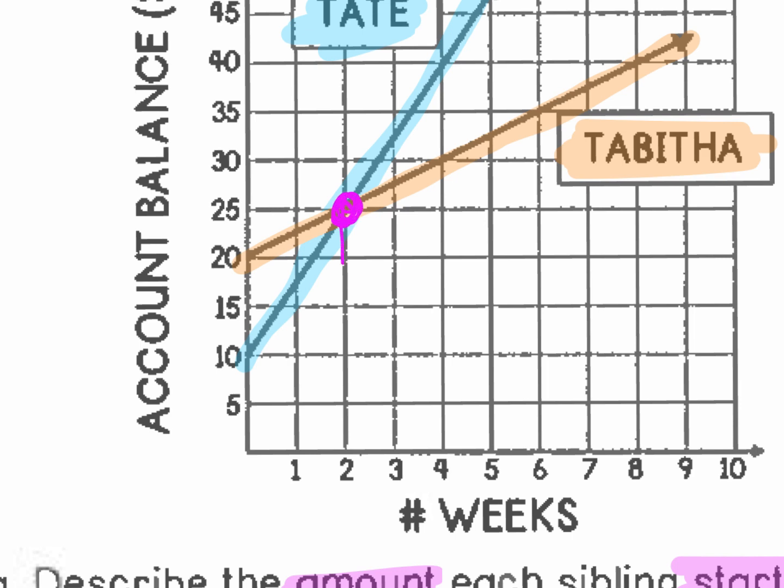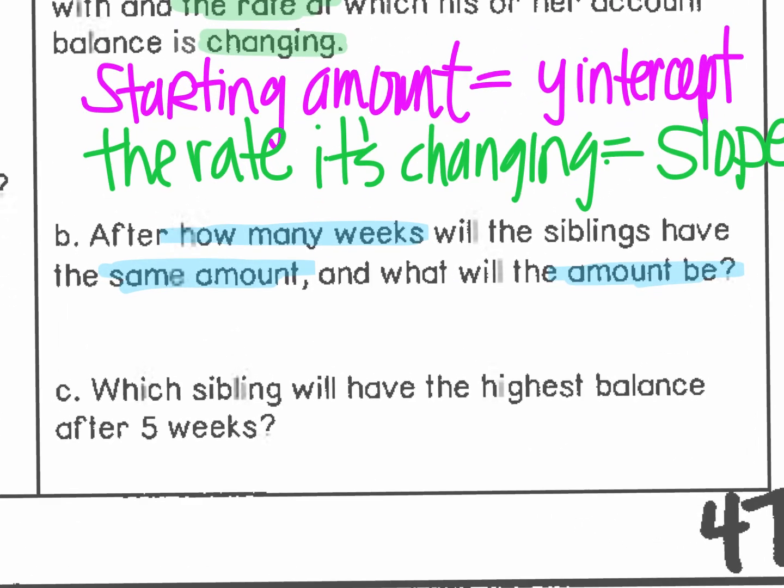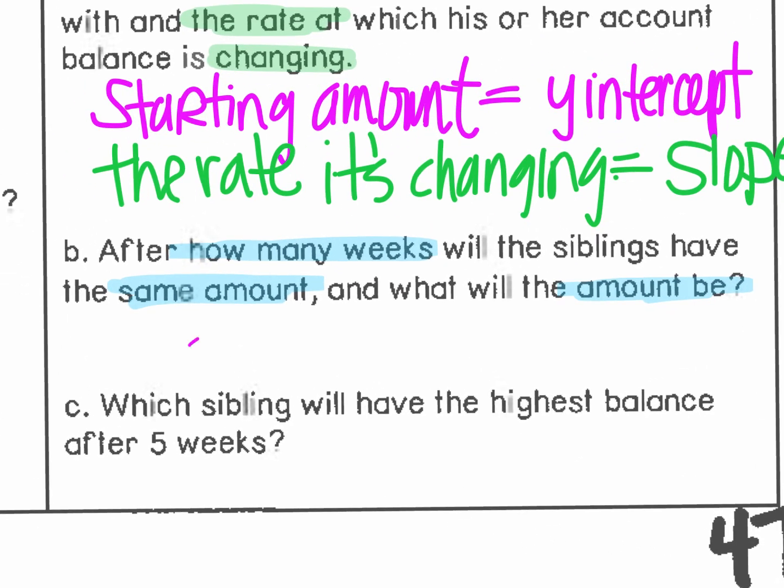Then I go down the line to my x-axis, go with the label. It takes 2 weeks. Go sideways to get to my y-axis. That tells me the balance or the amount of dollars in the account. After 2 weeks, they have the same amount of money, and it's $25. 2 weeks, and they will have $25.